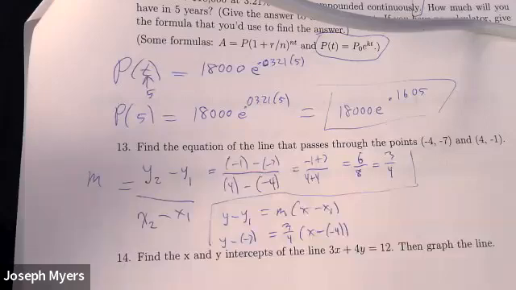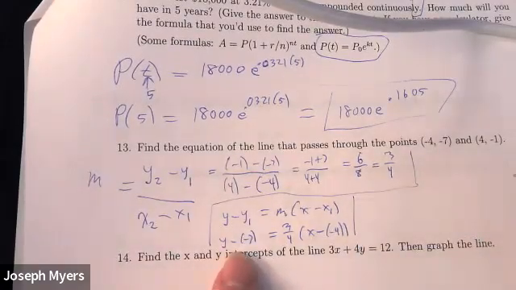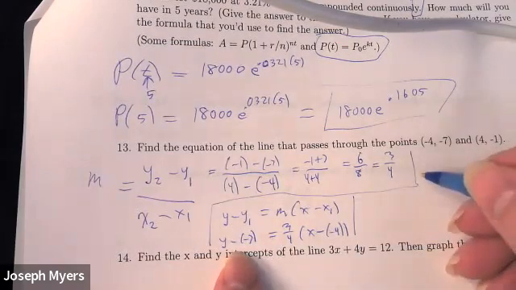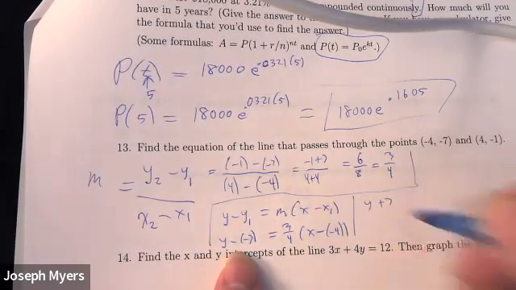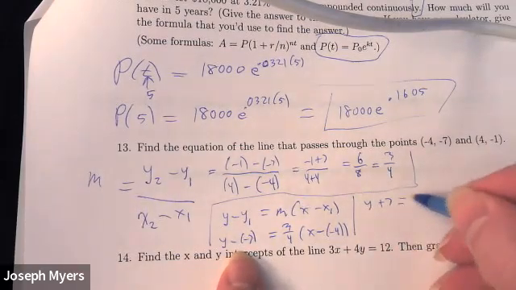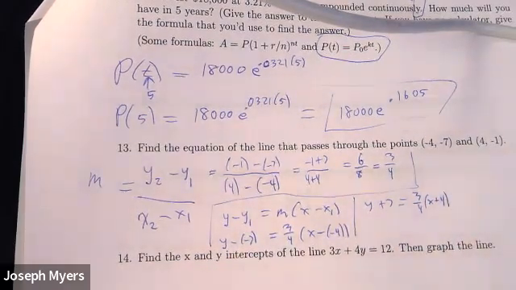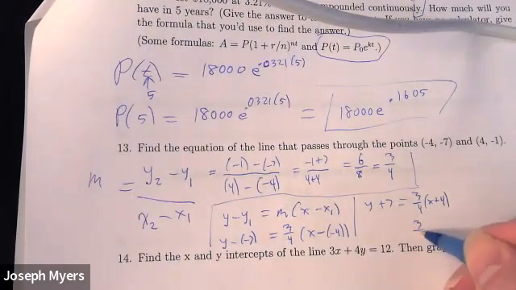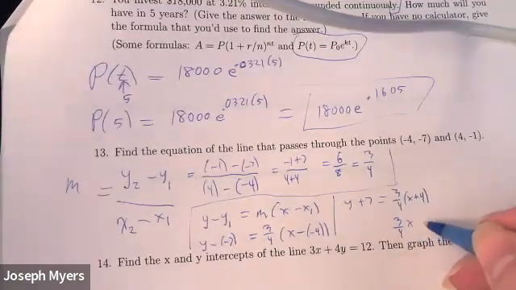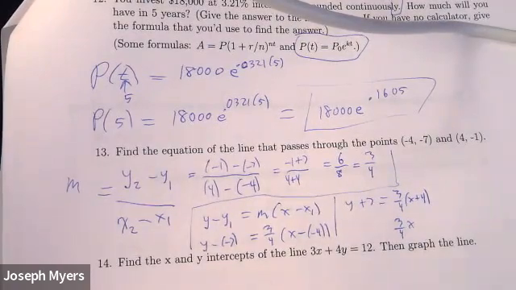So here we go. Y take away -7 is what? That'd be y plus 7, right? And then x take away -4 is x plus 4. Then distribute the 3/4. So what's 3/4 times x? It's 3/4 x. And what's 3/4 times +4? It'd be 12/4.